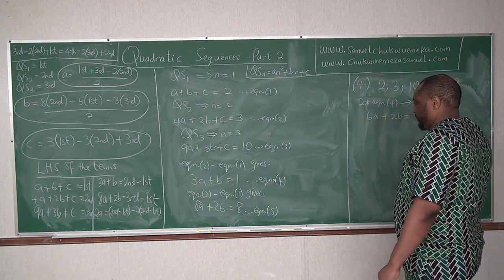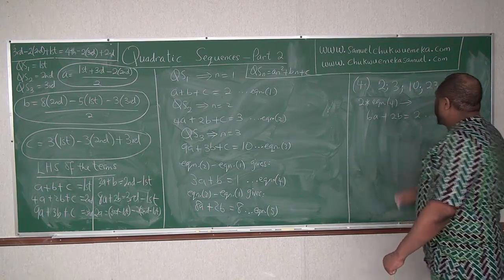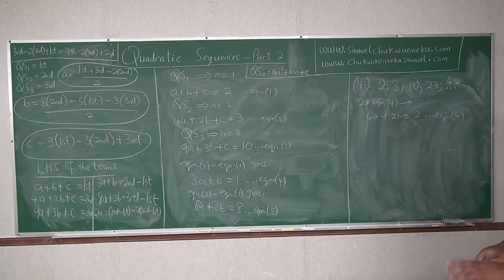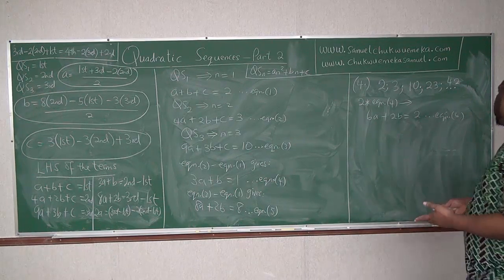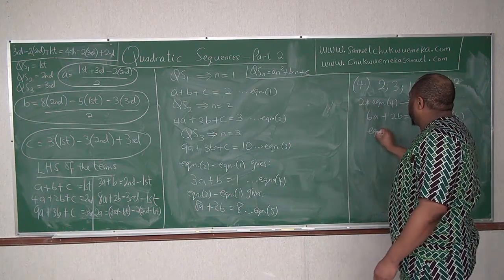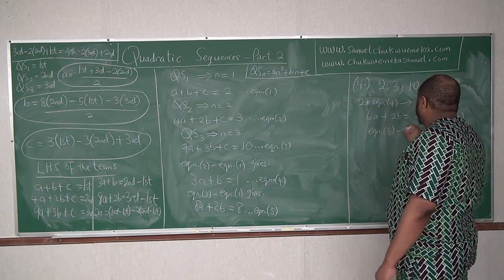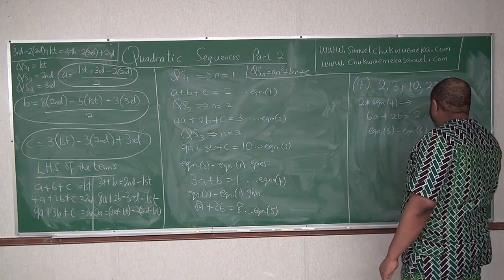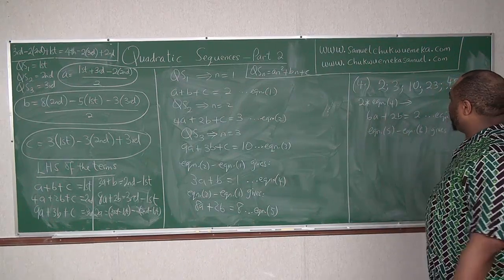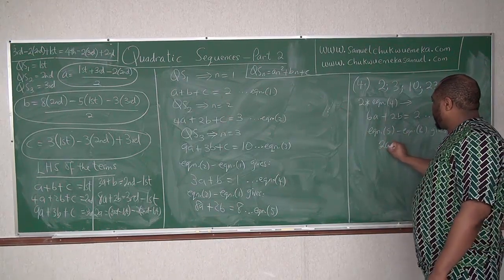Call this equation 6. Then just do equation 5 minus equation 6, which gives 8a minus 6a, which is 2a.